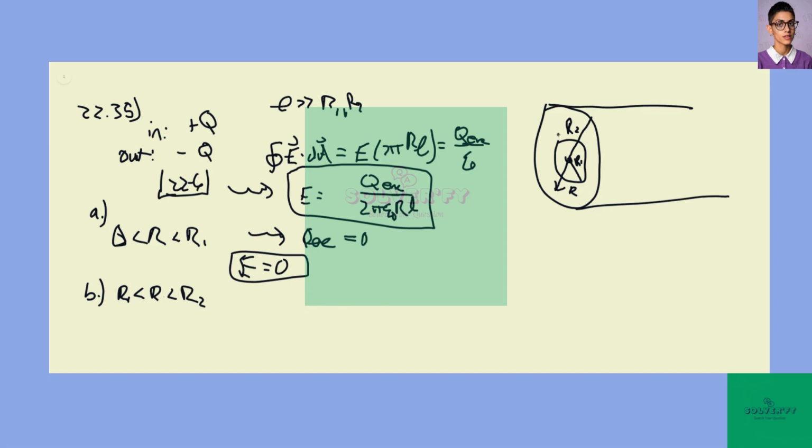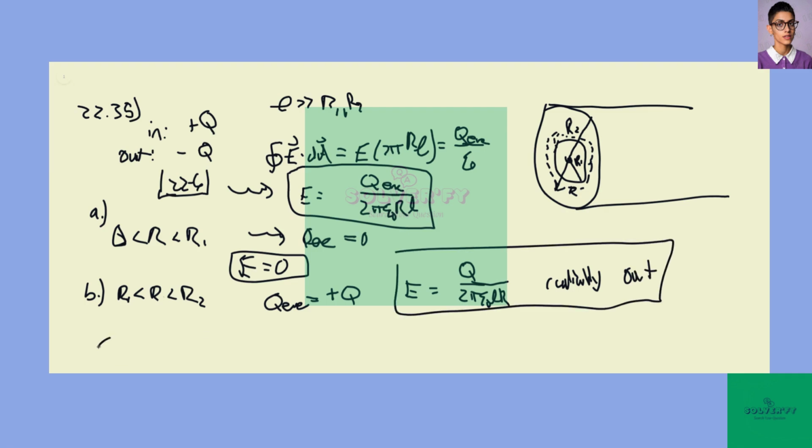Well, if we're drawing our Gaussian surface here, it means we're enclosing all the charge on the inner cylinder. So that means our Q enclosed is positive Q, because that's what was on the inner cylinder. So then our E becomes Q over 2 pi epsilon naught LR. Awesome. And this is positive, so we know it's directed radially out.